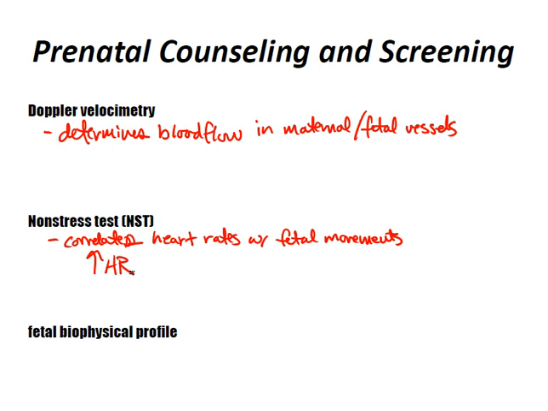Okay, so now the fetal biophysical profile combines the non-stress test with a sonogram to test 5 criteria that correlate with fetal well-being, and those 5 are: number 1, fetal heart rate acceleration.